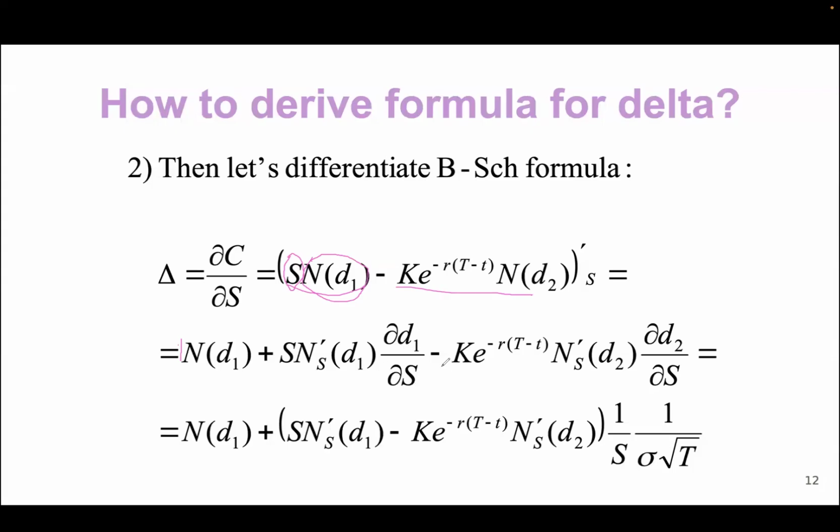And minus K, which is without S, so it is like a coefficient, multiplied by the derivative of N. These derivatives we already found on the previous slide. So we can write it with a common factor before the brackets, and in the brackets we write this. That was the second step.